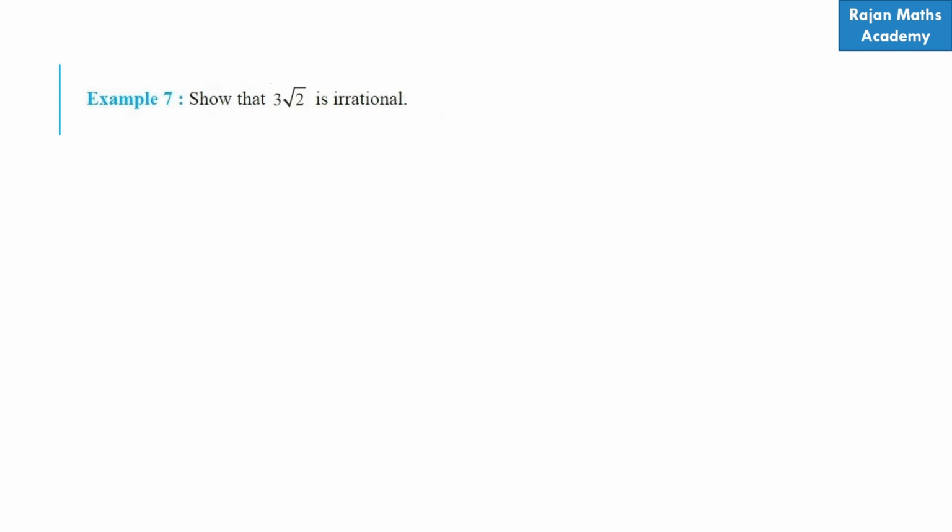Next problem. Example 7. Show that 3 root 2 is an irrational number. Solution. Assume 3 root 2 as a rational number.